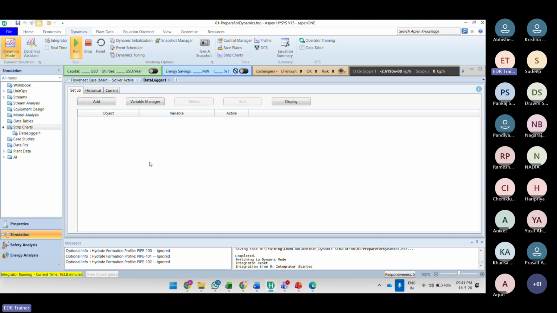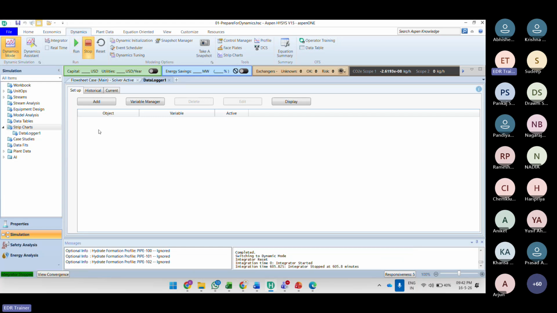With this we have demonstrated how we can convert a steady state simulation into a dynamic simulation, and how the parameter that you are interested in, maybe a pressure, maybe a flow, can vary as a function of time. When you disturb it, you can see all those disturbances in the display.